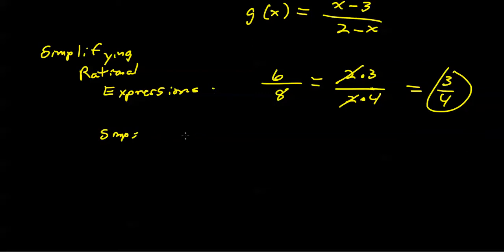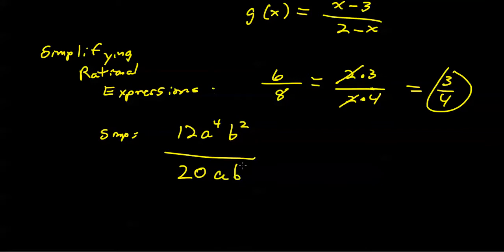How about if we simplify something a little more complicated? Let's say we've got 12a to the 4th b squared divided by 20ab to the fourth. We've done this before in our previous chapters. Basically, we identify the common factors and cancel them out according to our cancellation laws. 12 over 20 reduces to 3 over 5.